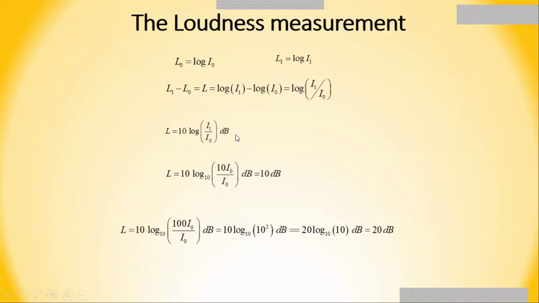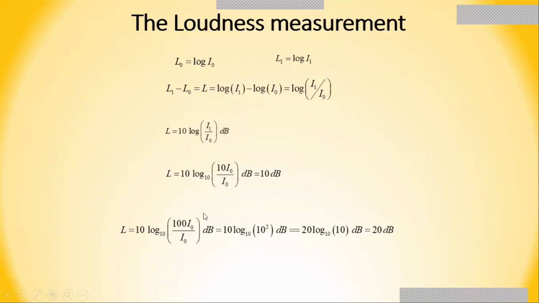You might have studied that loudness, sound, is measured in decibel. Bel would be a very large unit and our eardrum cannot bear that loud sound. We can hear sound waves in the range of decibels only. So I am converting it to decibel. L is equal to 10 log I1 upon I0 decibel.